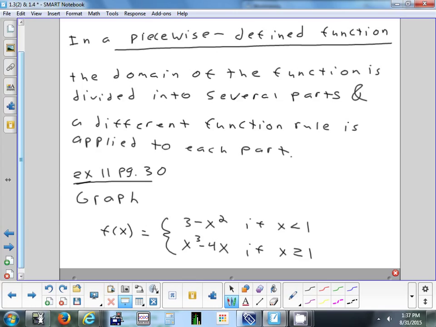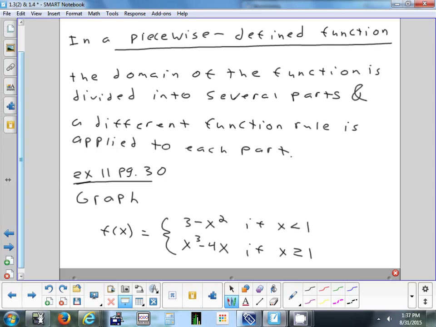So usually, like in Algebra 1, when you sketch a picture of something, they give you one thing, and you plug x values in, and you make plots and points, and you sketch it. Well, in a piecewise function, you can have 2 or more functions. And which one you use depends on what your x value is.